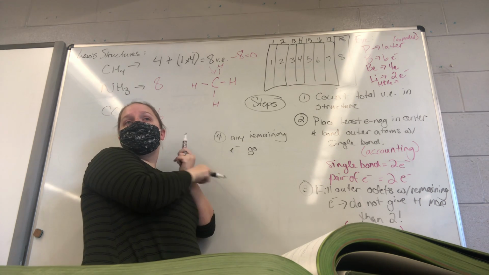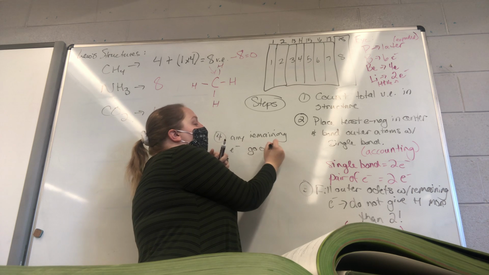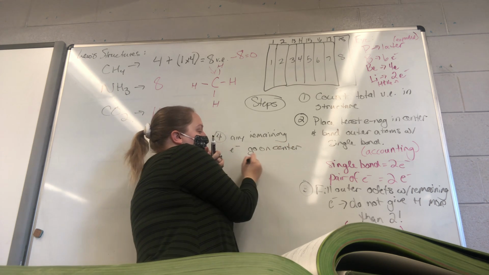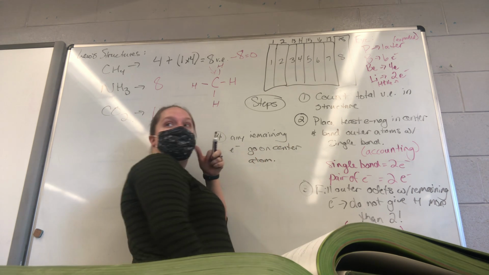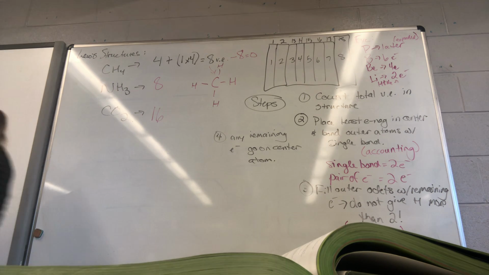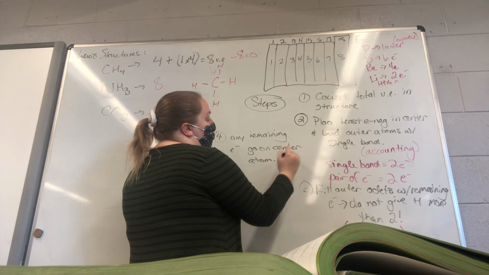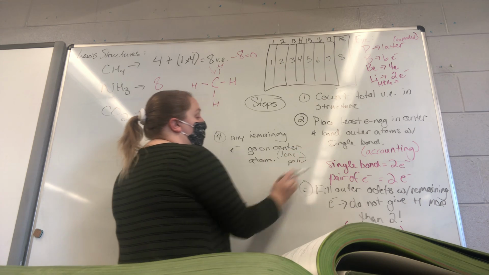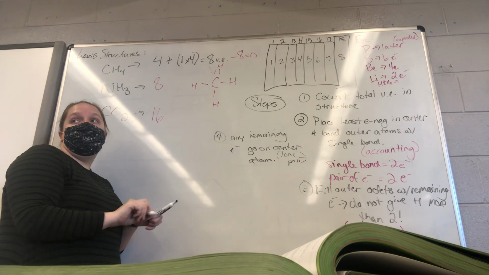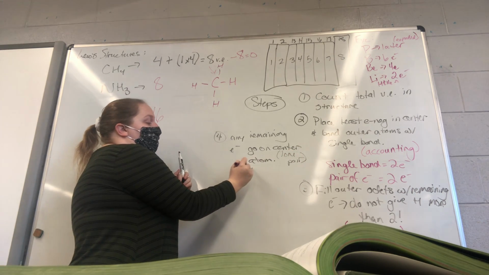This is how we expand the center octet. They go on the center atom. So if after you've done step 3 and you've filled the outer octets, you still have, say, 2 electrons left, those 2 electrons go on the center atom as a lone pair. At this point, you should be done accounting, right? Should be out of atoms, no more.